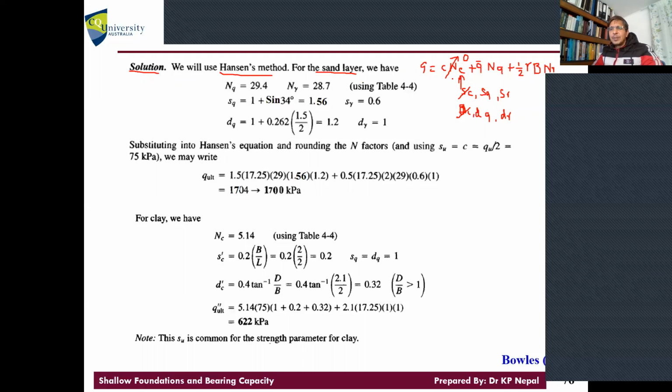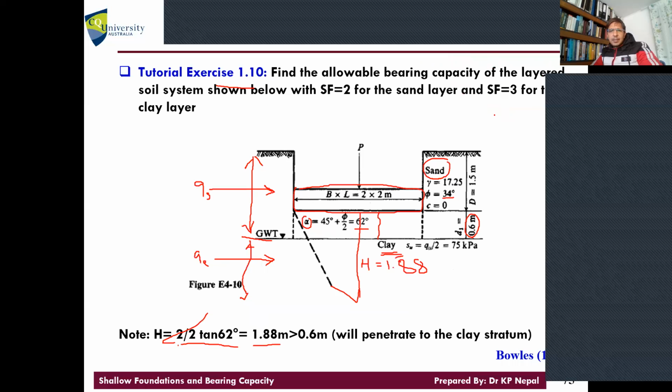Can you check the Hansen equation now? What are the Sq and S gamma corrections? Sq and S gamma in the Hansen equation. Can I show you the Hansen equation? Okay, can you go to the Hansen equation now?